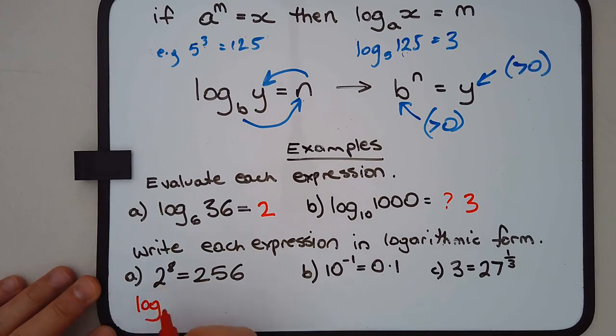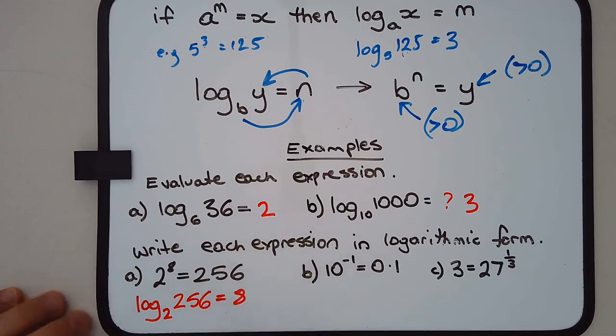The base is 2, of the simple number, which is 256, would give you back the index, and the index is 8. That means 2 to the power of 8 will give you 256. Or log base 2 of 256, what power would I need to get the 256? The power would be 8.